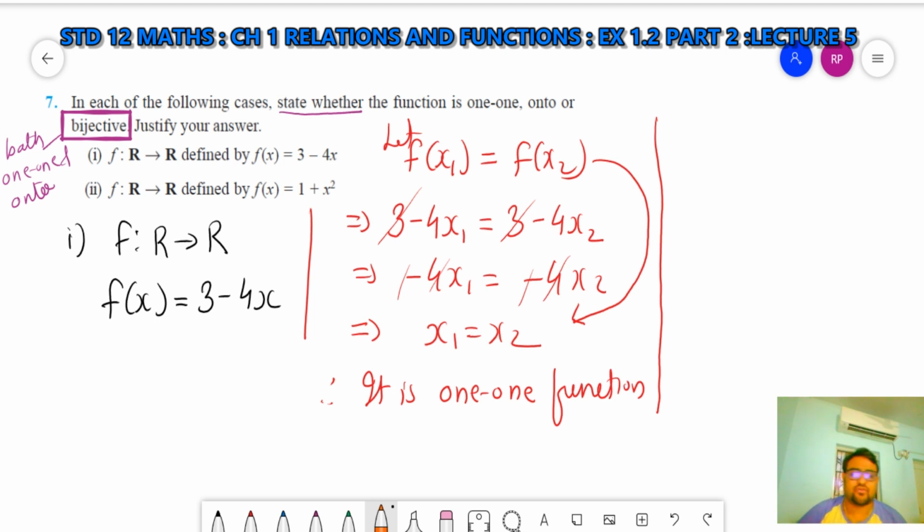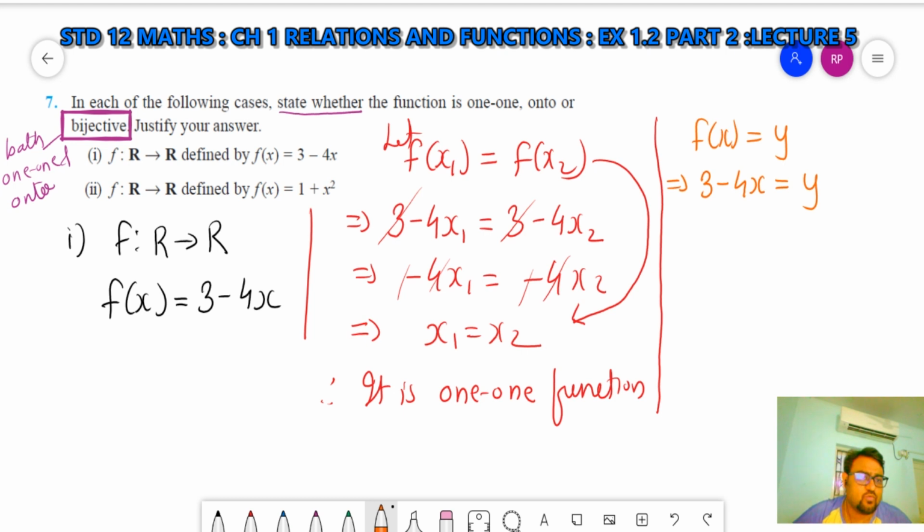Okay, so we'll prove it theoretically. Here we will take f(x) is equal to y. So what does that imply? 3 minus 4x equal to y.